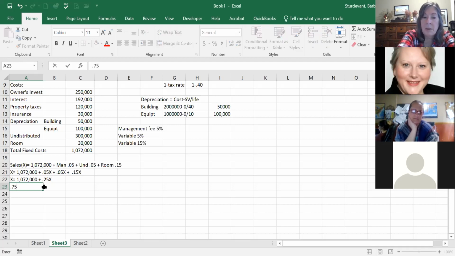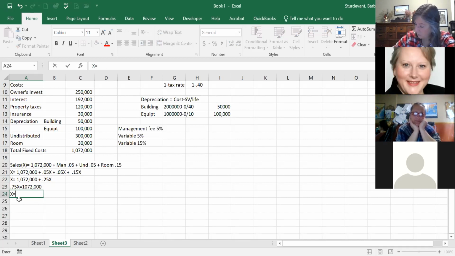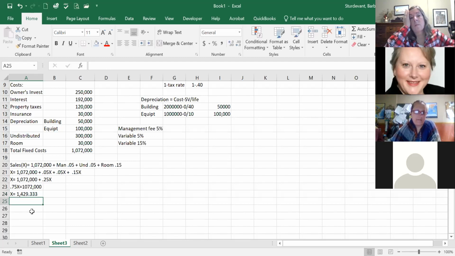So we end up with 0.75x equal to 1,072,000. Because this is multiplied, to go to the next step, we need to divide both sides by 0.75 so that you end up with x equal to 1,429,3.